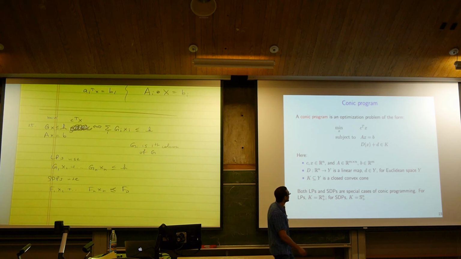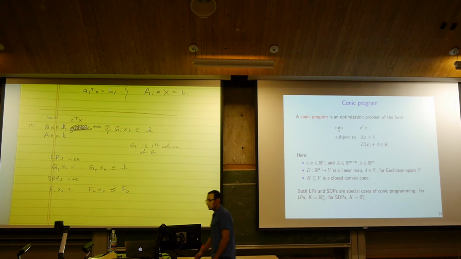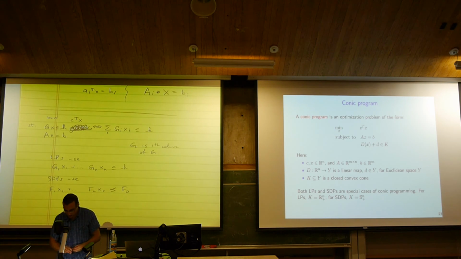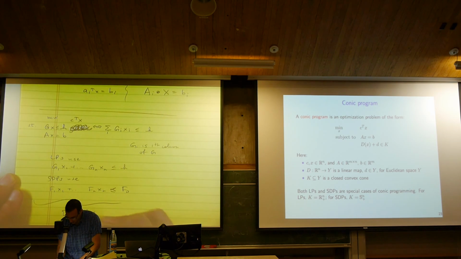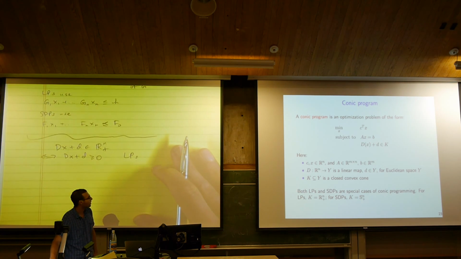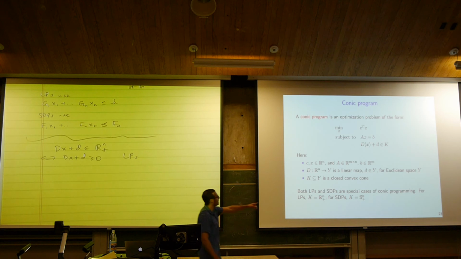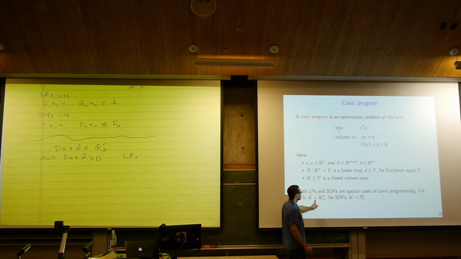To see that, let's pause for a moment. For LPs, I can take this K to be the non-negative orthant. If Dx plus d is in the non-negative orthant, R^n_+, that means that Dx plus d is greater than or equal to 0 in each component, and I get back LPs. That's just the constraint that I put in LPs. So that's how I get an LP out of this, by taking K to be this set.